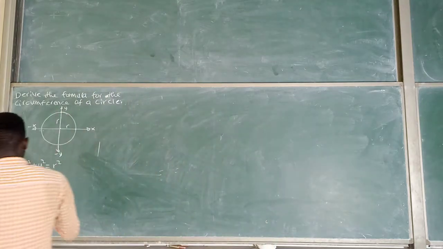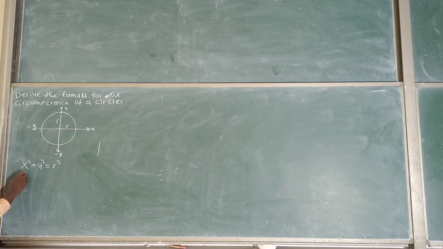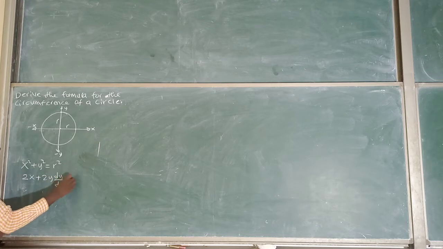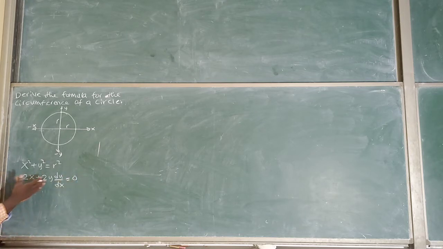So we differentiate this, we have 2x plus 2y dy by dx is equal to the derivative of r squared. Remember, r is a number, so the derivative of r squared is just 0. We are about to solve for dy by dx here. So we have 2y dy by dx is equal to minus 2x.